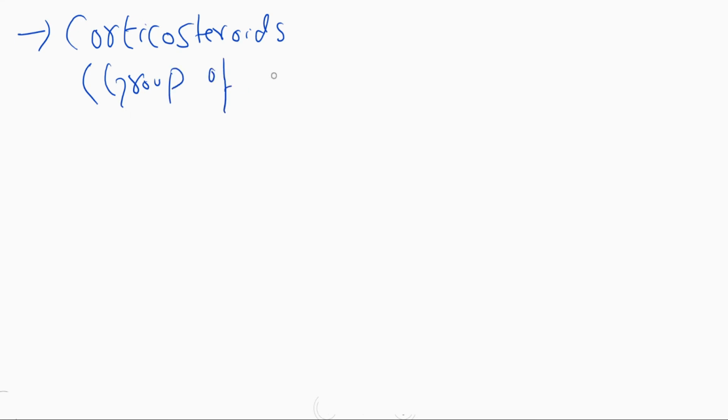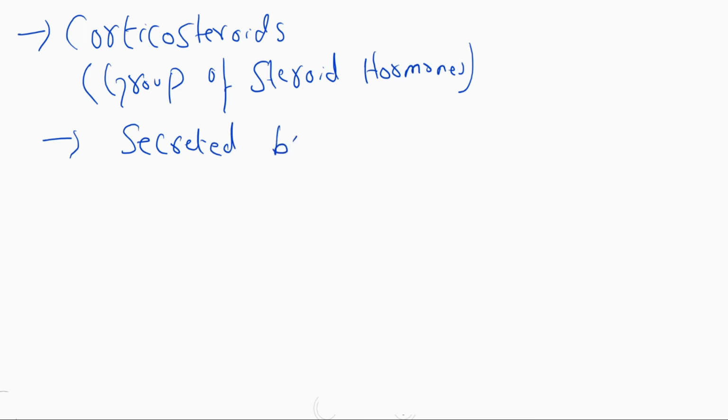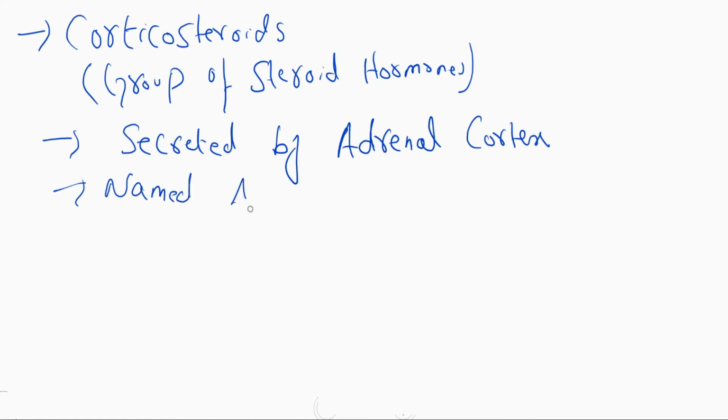The first hormones of the adrenal gland are corticosteroids. Corticosteroids are a group of steroid hormones secreted by the adrenal cortex, and they are named according to their functions.